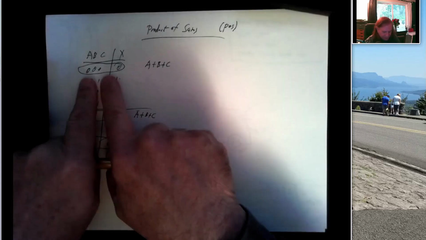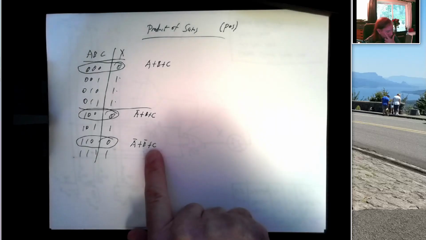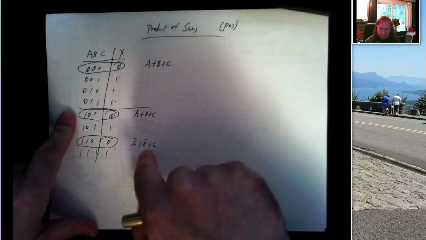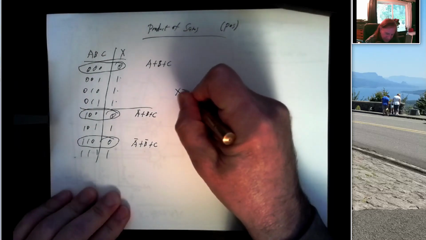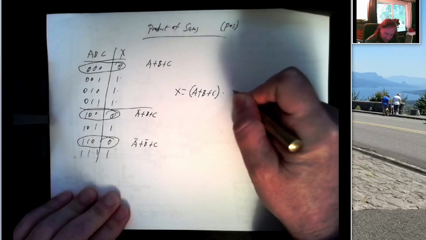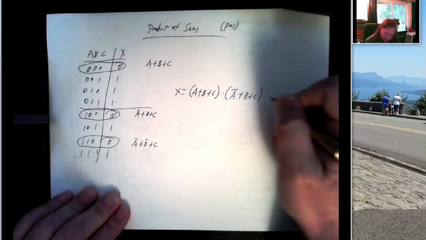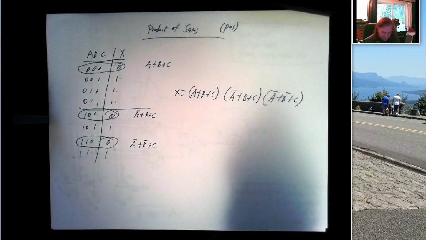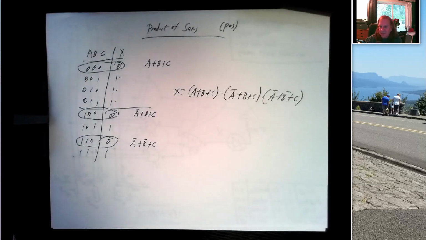So if we're in this first row, this is a 0. If we're in this row, this is a 0. If we're in this row, this is a 0. If we're not in one of these 3 rows, all 3 of these expressions will be a 1. So if we take their product as follows, A or B or C, ANDed with A bar or B or C, ANDed with A bar or B bar or C, this expression for X gives us exactly this truth table.